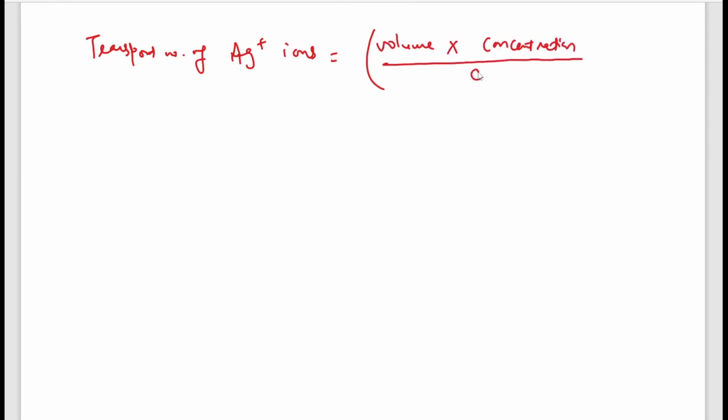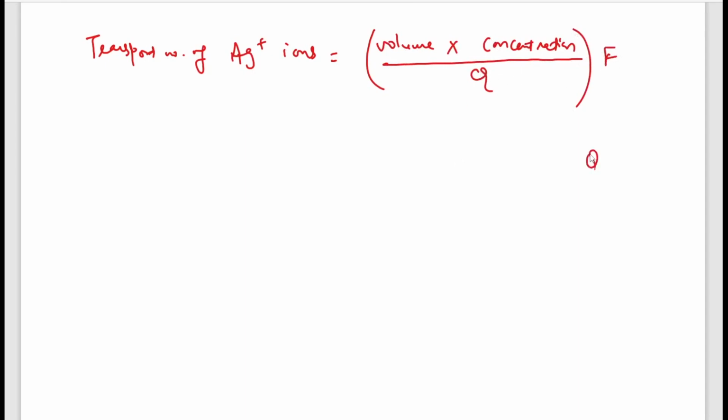So the transport number of silver ions, we can find in the moving boundary method using volume into concentration divided by Q. Q is the quantity of electricity used, into F, the Faraday constant.